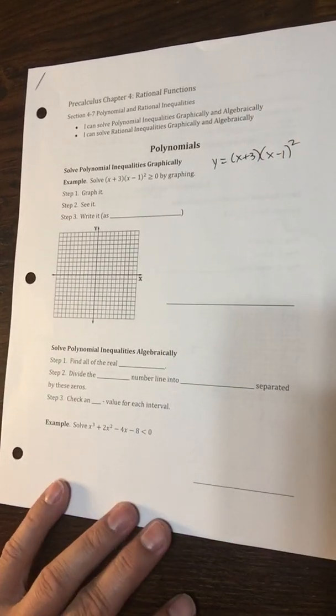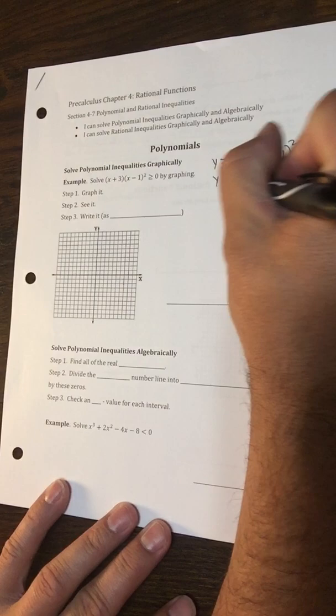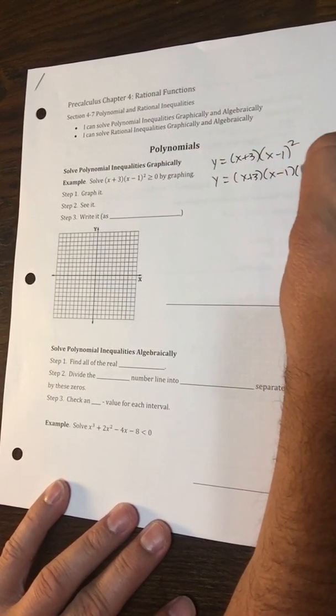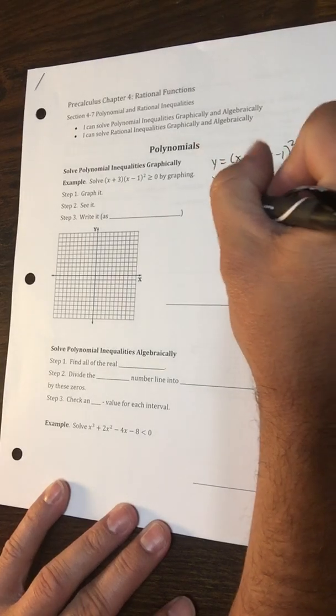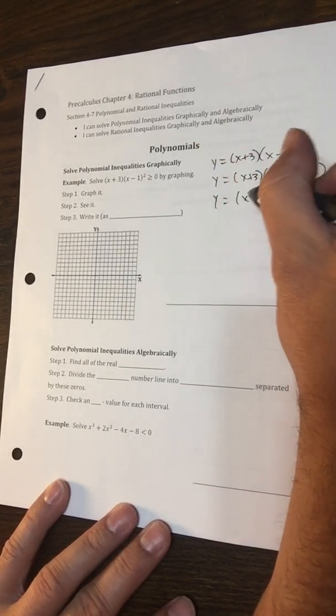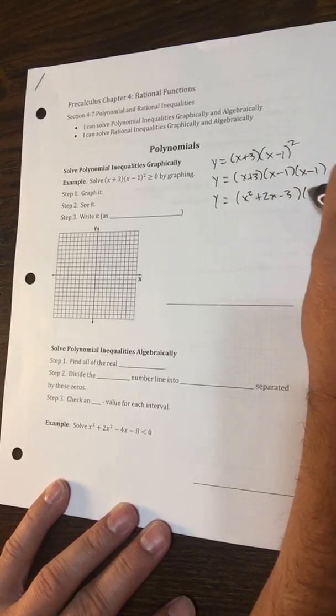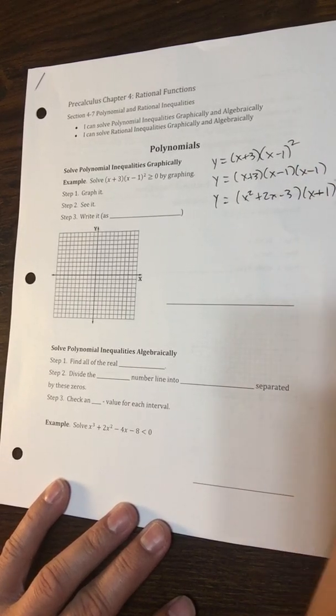Now, you don't have to write this down if you don't want, but I'm going to actually multiply this out just so you see what we're really doing here. Okay, y equals x squared minus x plus 3x is plus 2x, and then minus 3. It's times x minus 1.